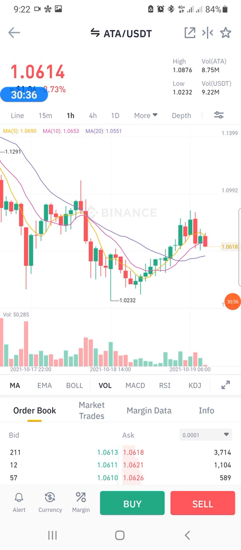Candlestick formation is a very large topic on its own. It will be a topic that we handle some other time because there are many things to discuss. Here we can discuss price movement.